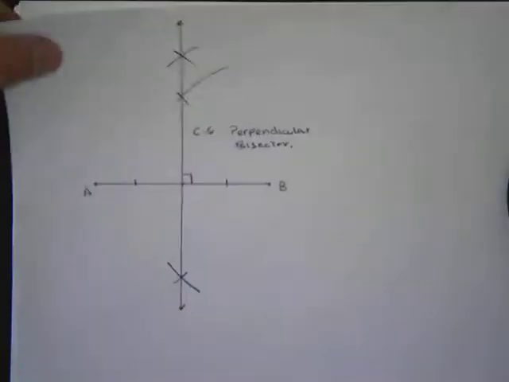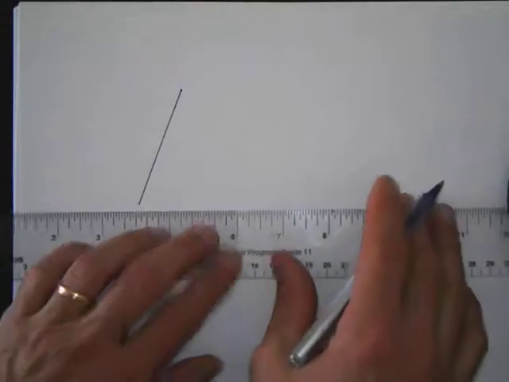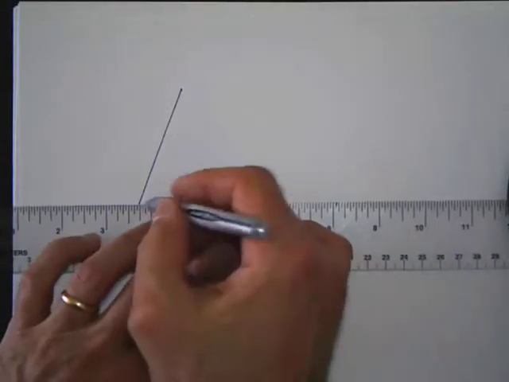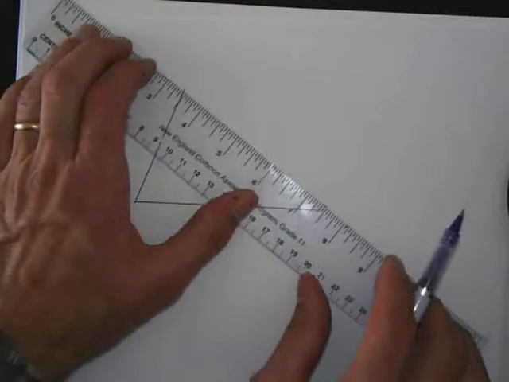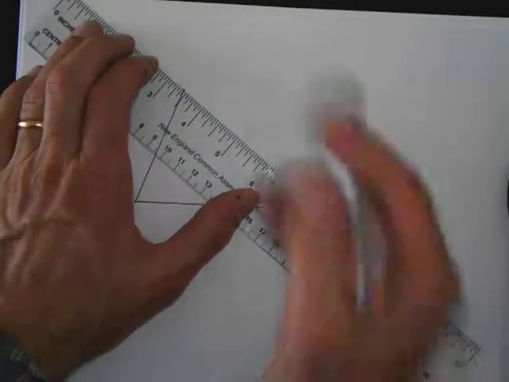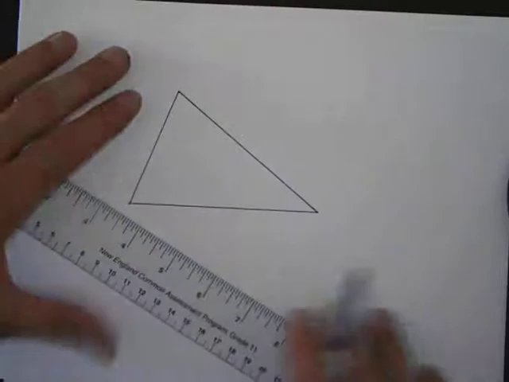For example, the median. Now, the median of a triangle is a segment that connects a vertex of the triangle to the midpoint of the opposite side.